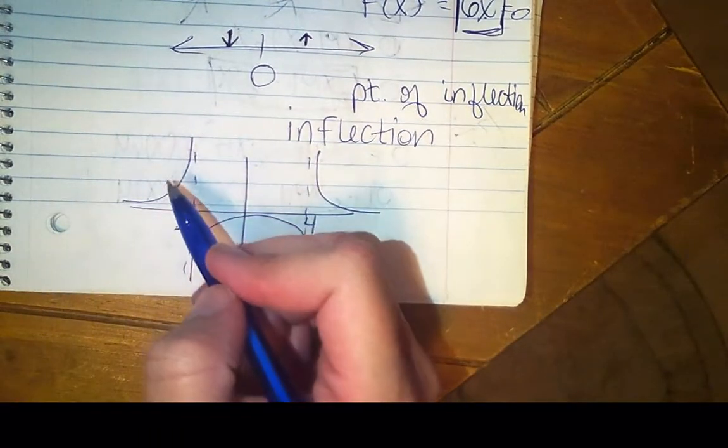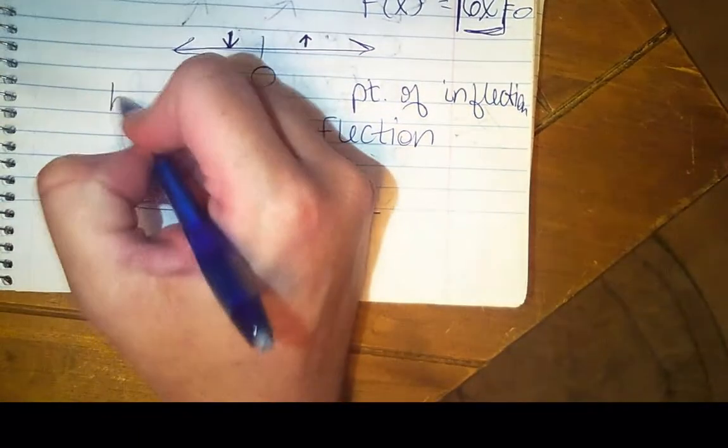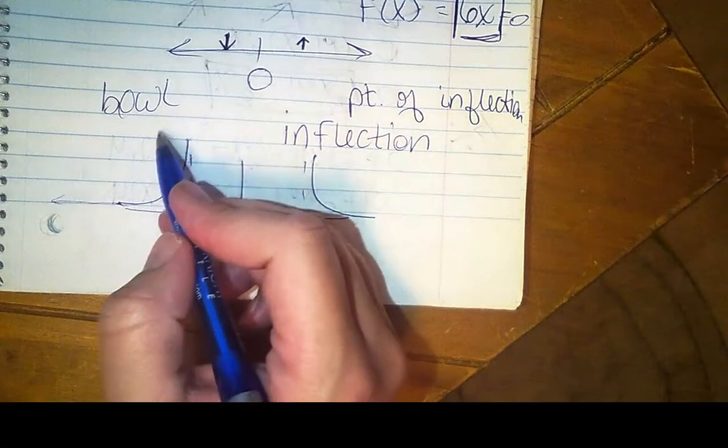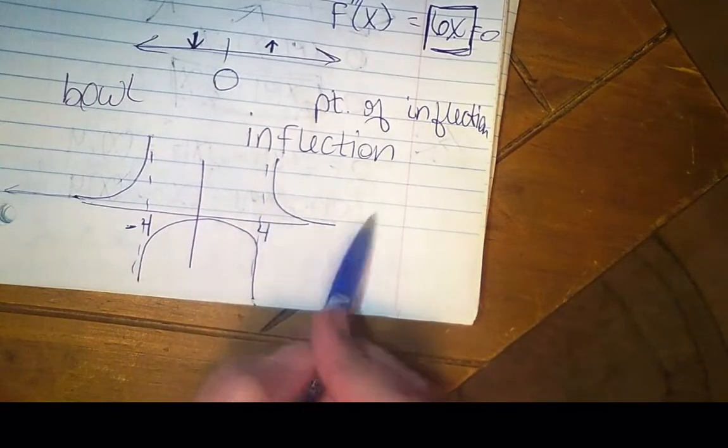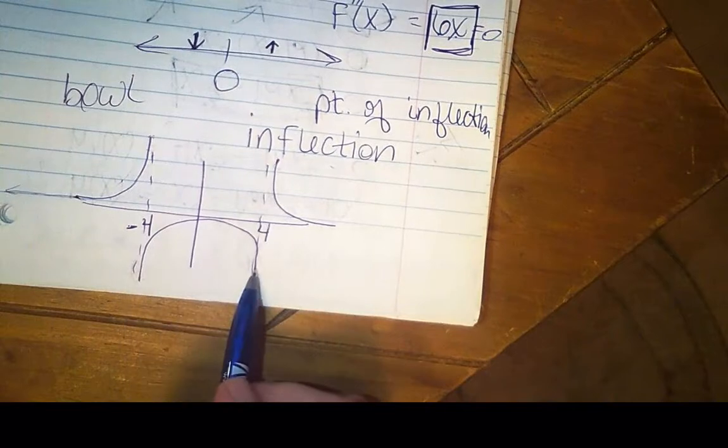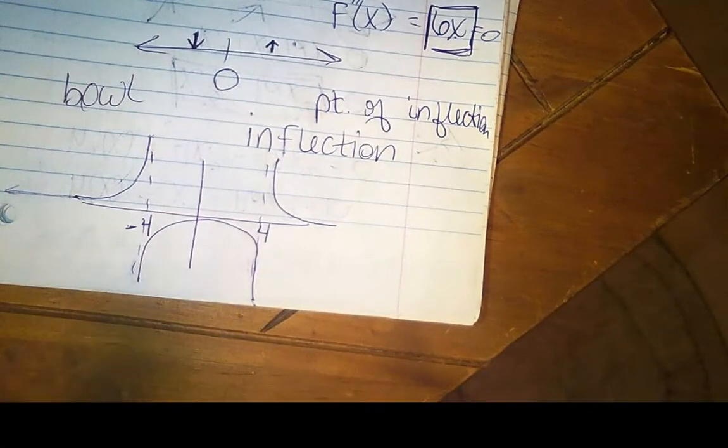It looks like a bowl. Now it keeps going this way, so it only looks like half of a bowl. But it's still concave up. This side is also concave up, but this is concave down. Do you have an actual place where it changes concavity?